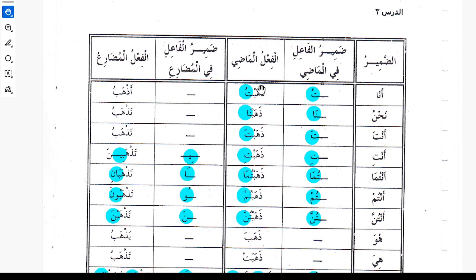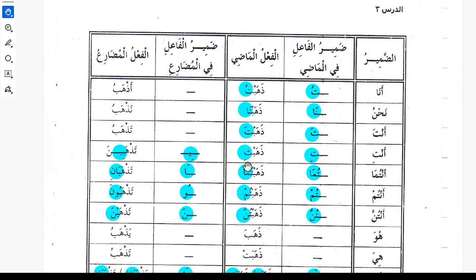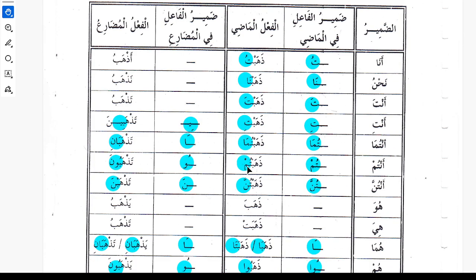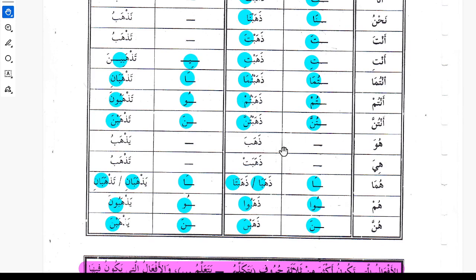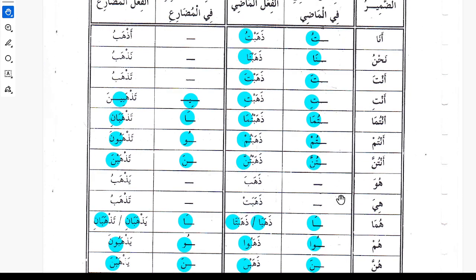For ana it is zahabtu, nahnu, zahabna. So if you make those changes, for any verb you can make the other patterns yourself just by changing the ending, like it was just mentioned in the rules.